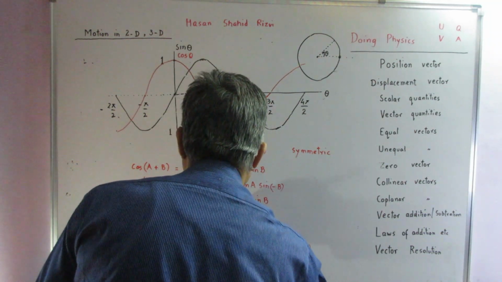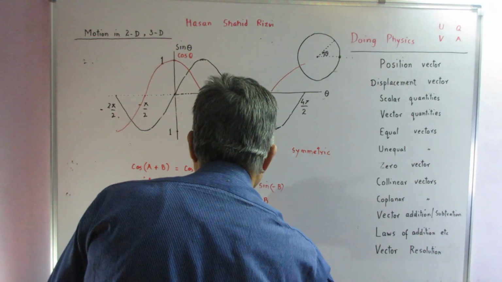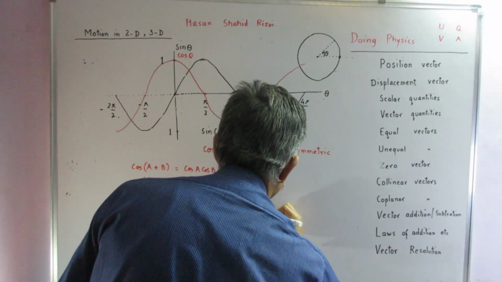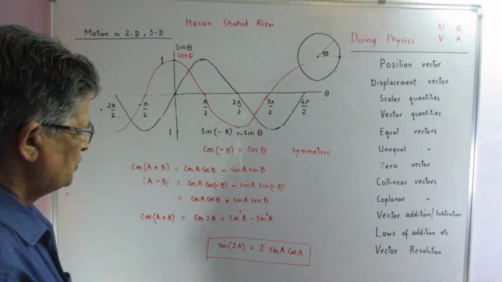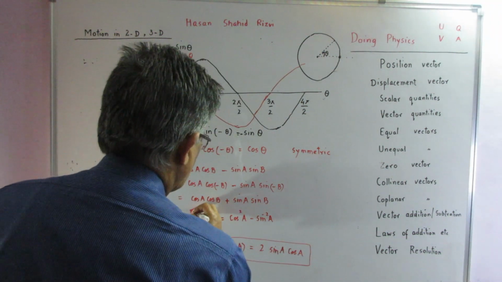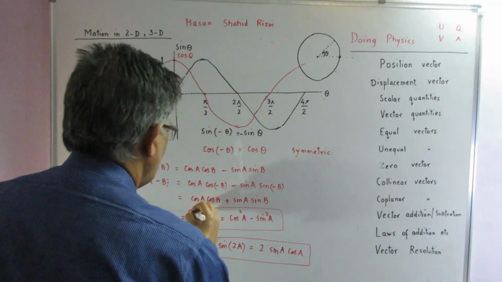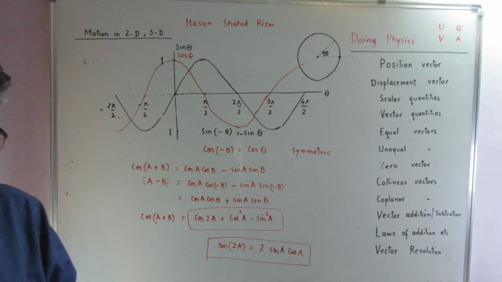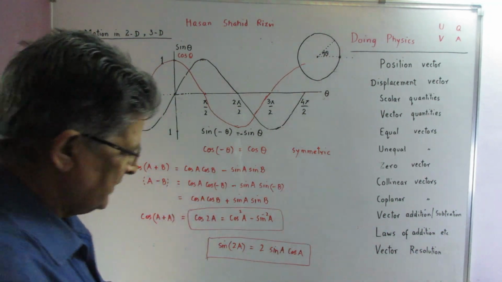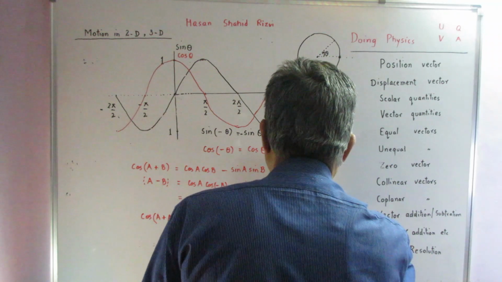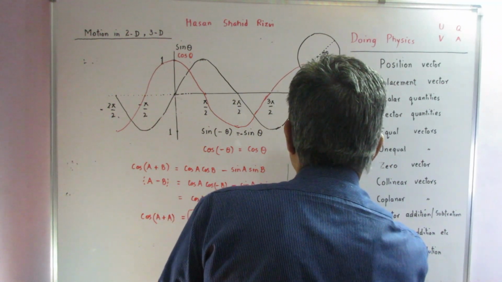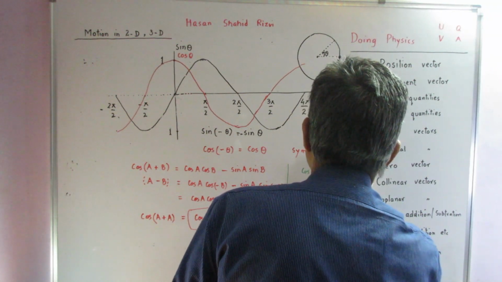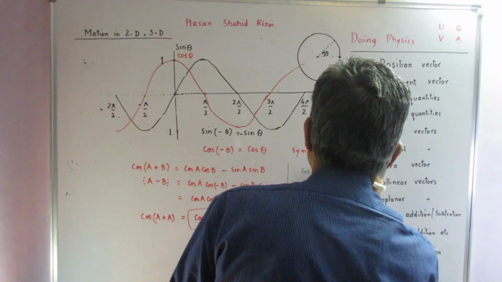Cos of 2A is equal to, finally, cos square A minus sine square of A. So this is another relation that we'll get, and now allow me to use this relation along with the identity that we had, and the identity is that sine square theta plus cos square theta is equal to 1, or cos square of A plus sine square of A is equal to 1.